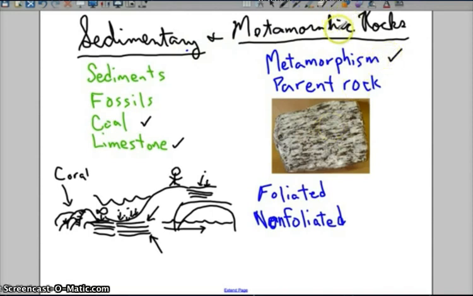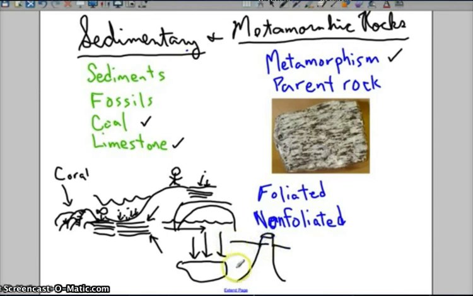Now, in order to have a metamorphic rock, you have to have a parent rock. That's what the rock originally was. And I'll give you an example here with limestone. If you have limestone that goes deep underground, and you have a lot of heat and pressure on top of it, I mean the weight of the land, and you may have some kind of volcanic activity nearby, then you could get heat from here and pressure from here, and that limestone will end up forming a whole different kind of rock.